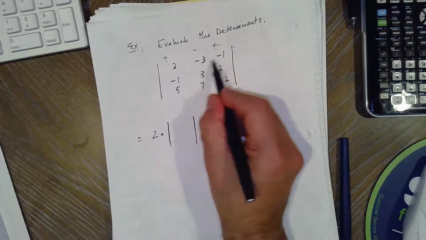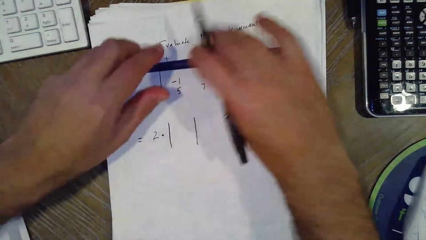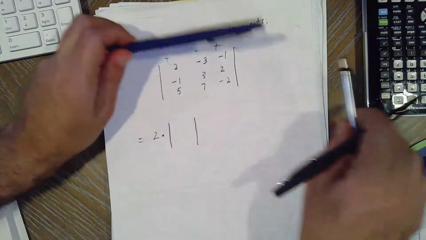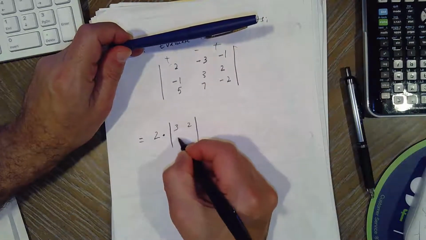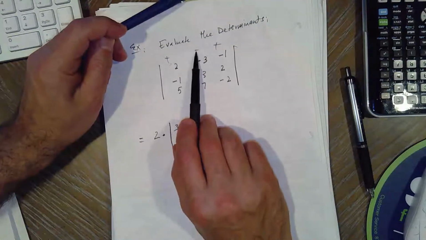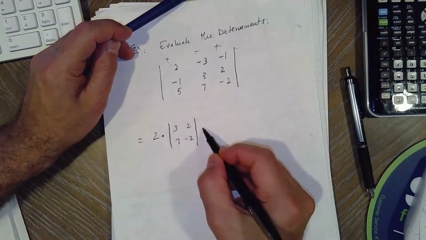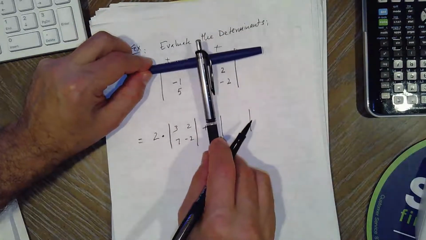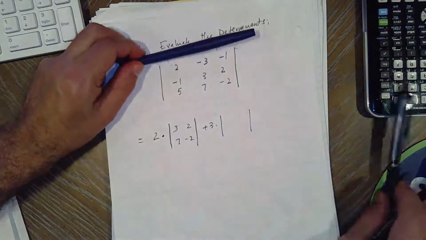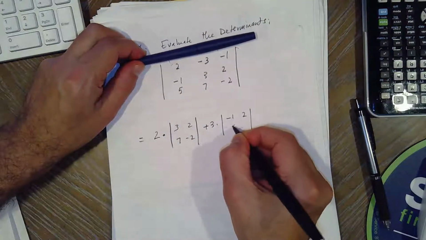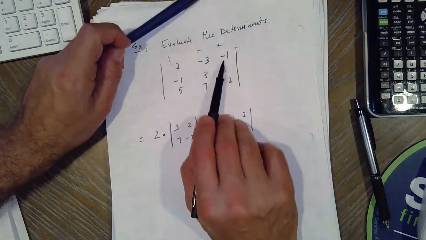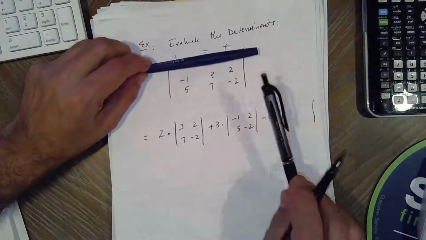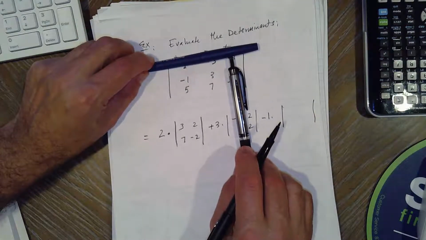You cross out the row and column of 2, so it's going to be 3, 2, 7, -2. Then this minus tells me I do the opposite of -3, which is plus 3. You cross out the row and column of the 3, so you get -1, 2, 5, -2. This plus tells me to keep the sign of this number, so it's -1. You cross out the row and column of -1, and it's -1, 3, 5, 7.